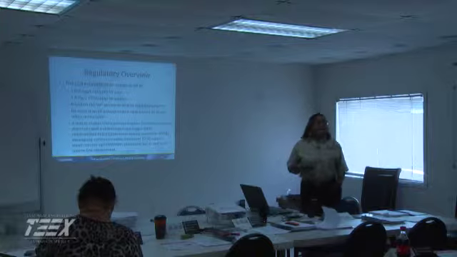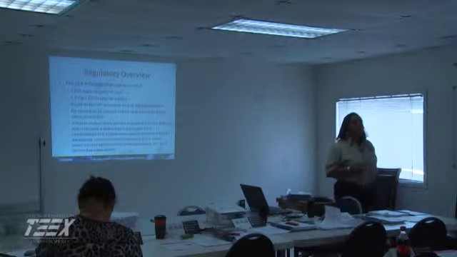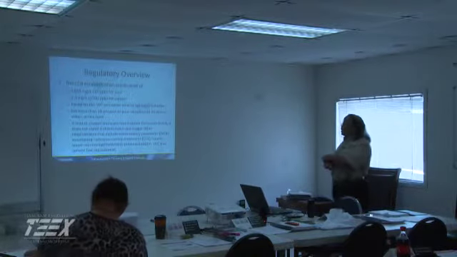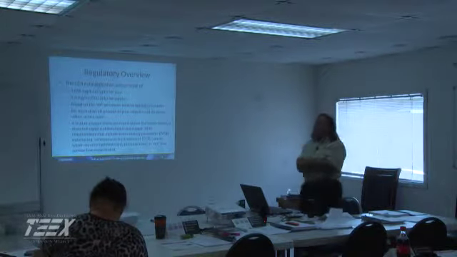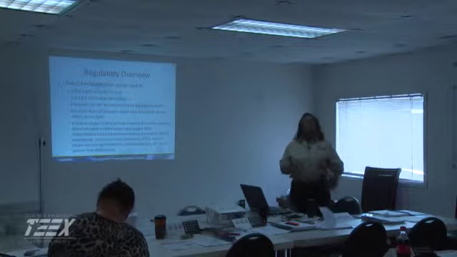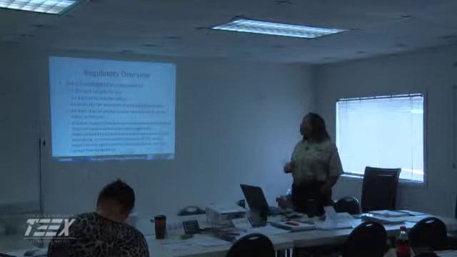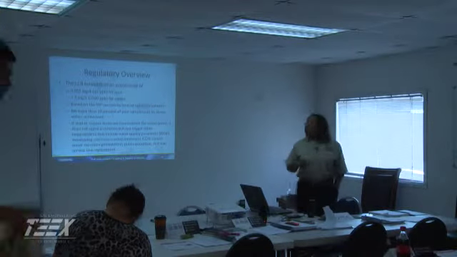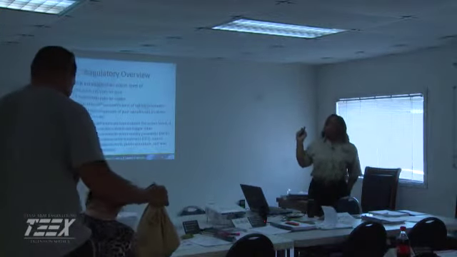So the lead and copper rule was introduced in the early 1990s. It established the action level of lead at 15 parts per billion, or 0.015 parts per million, or for copper 1.3 milligrams per liter, or 1,300 parts per billion.